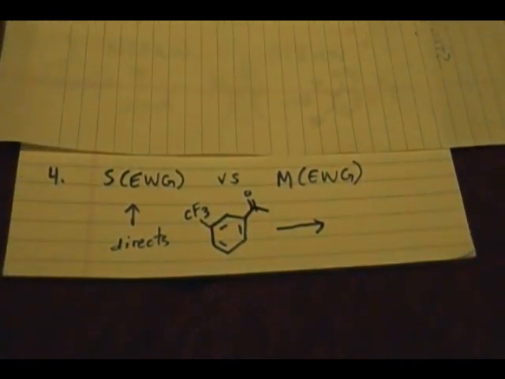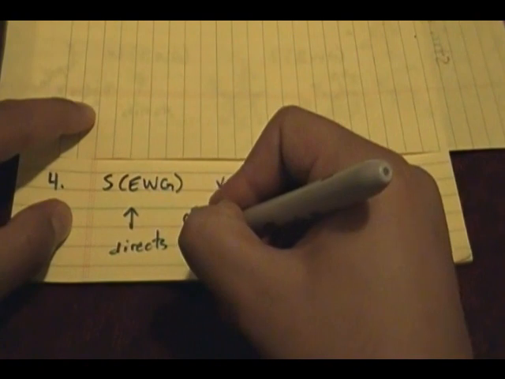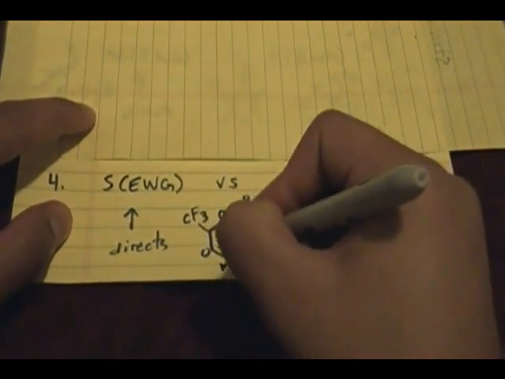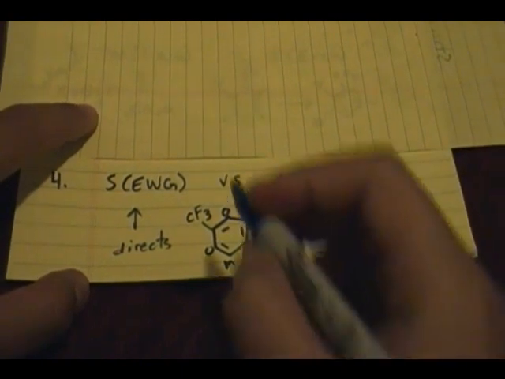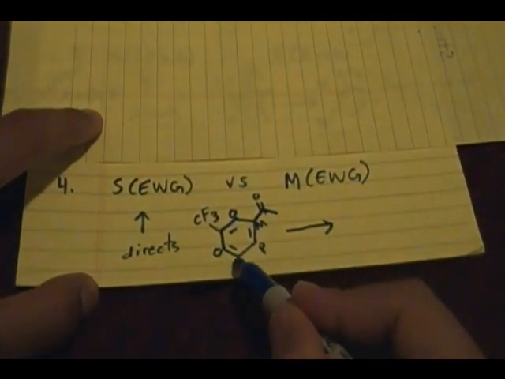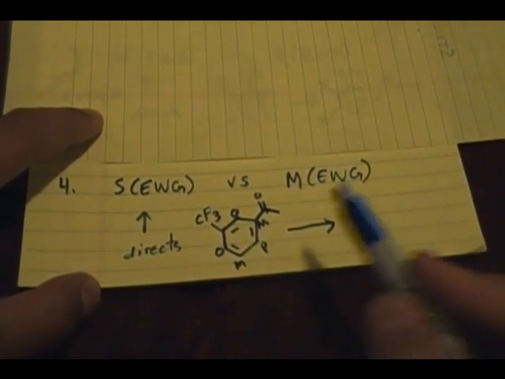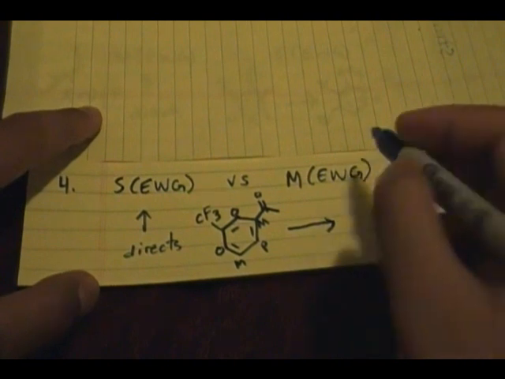Remember, electron withdrawing groups, with the exception of halogens, direct the incoming group to the meta position. So let's label it O, O, M, P. There's another M right there, okay? So the Br will go to this meta position only, so you have only one product because this meta position is already occupied, okay?